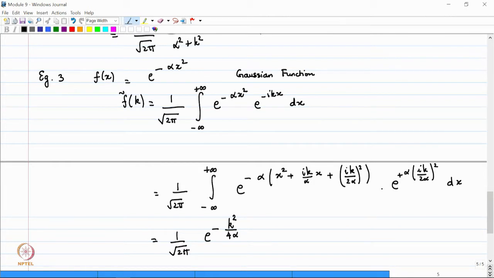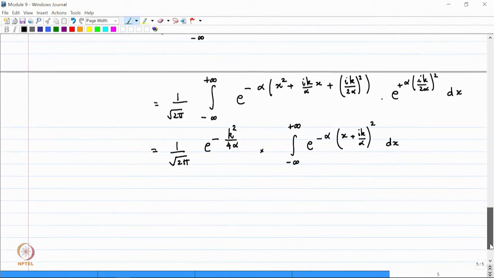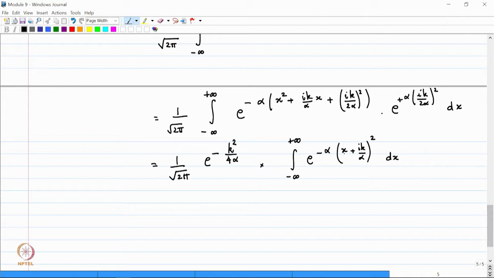So, I get e to the minus k square by 4 alpha, and what I am left with here is minus infinity to plus infinity e to the minus alpha times (x plus i k by alpha) whole square. Okay. So, now this is nothing but a Gaussian integral, but it is Gaussian shifted by some distance, and we treat this as though it were a real number, and we just use the usual formula for Gaussian integral.